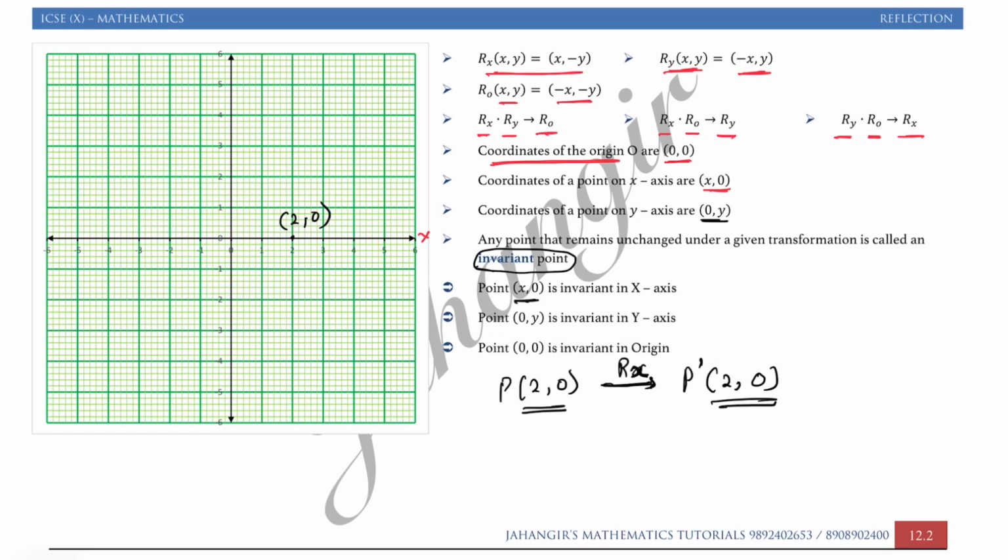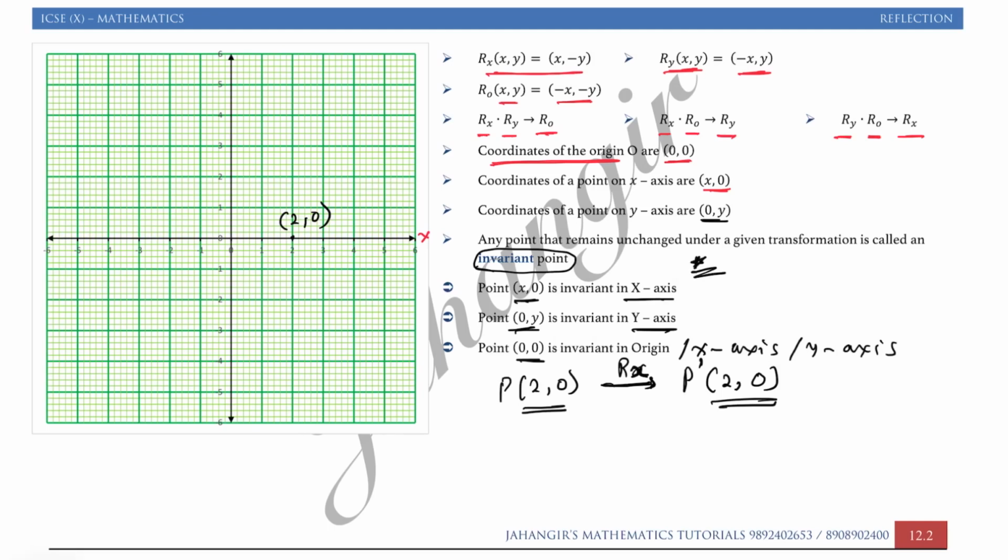Means x comma 0 is always invariant in x-axis. X comma 0 will not change its position in x-axis. 0 comma y will not change its position in y-axis, and 0 comma 0 will not change its position in origin as well as x-axis as well as y-axis. So these conditions are very important.